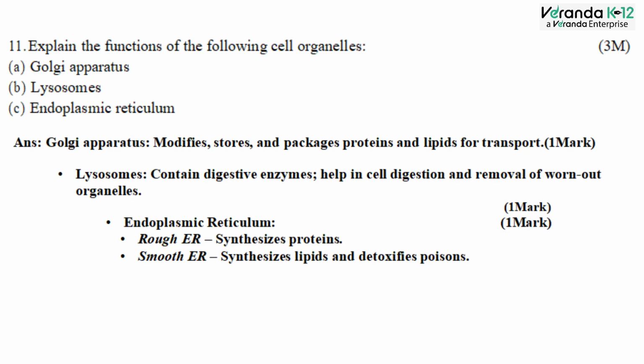Lysosomes contain digestive enzymes, and help in cell digestion and removal of worn-out organelles. Endoplasmic reticulum: rough endoplasmic reticulum synthesizes proteins, while smooth endoplasmic reticulum synthesizes lipids and detoxifies poisons.